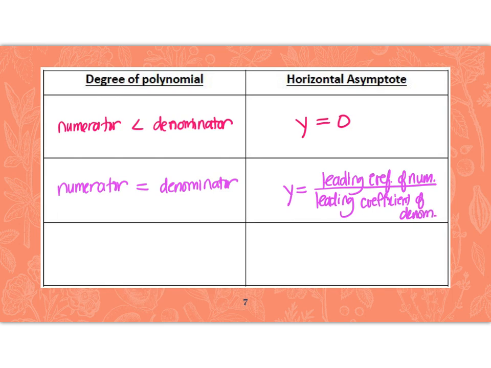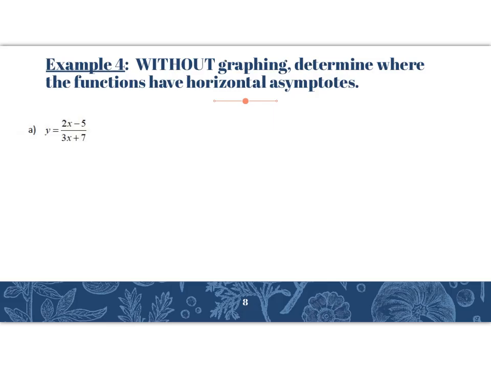This is actually a C. It doesn't look like it, but that's an O. And then if the degree of your numerator is greater than the degree of your denominator, you have none. You have no horizontal asymptotes.